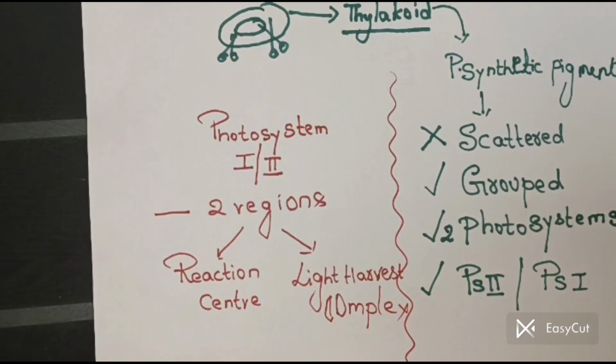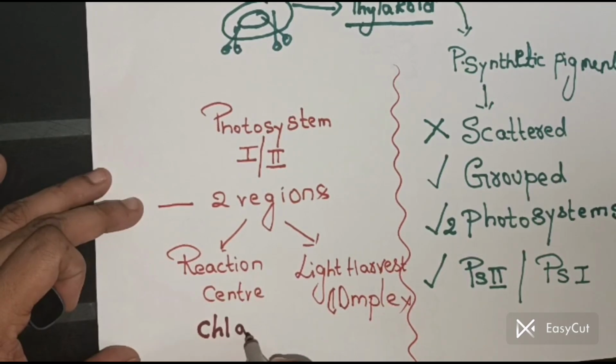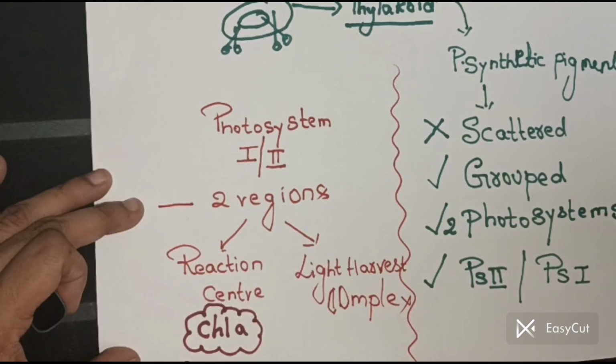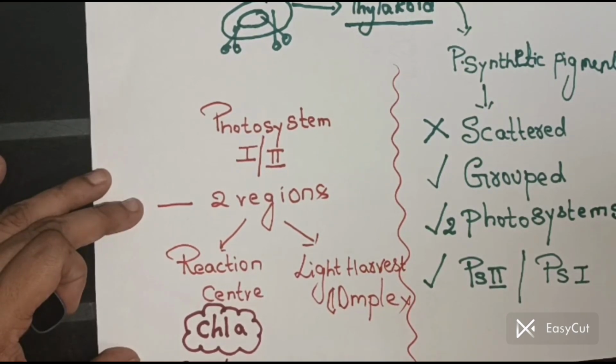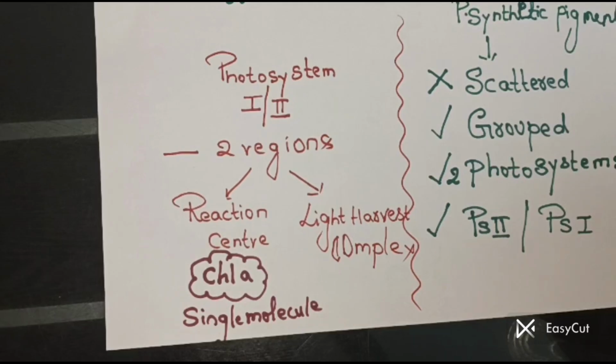Now I'll tell you, the reaction center constitutes only one photosynthetic pigment, which is nothing but the chlorophyll A molecule, and there is a single molecule of chlorophyll A. So photosystem 1 and photosystem 2 constitute the two common regions: the reaction center and the light harvesting complex.